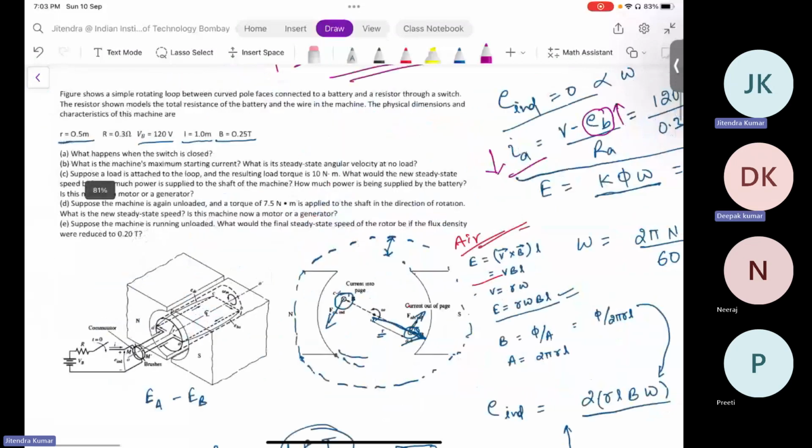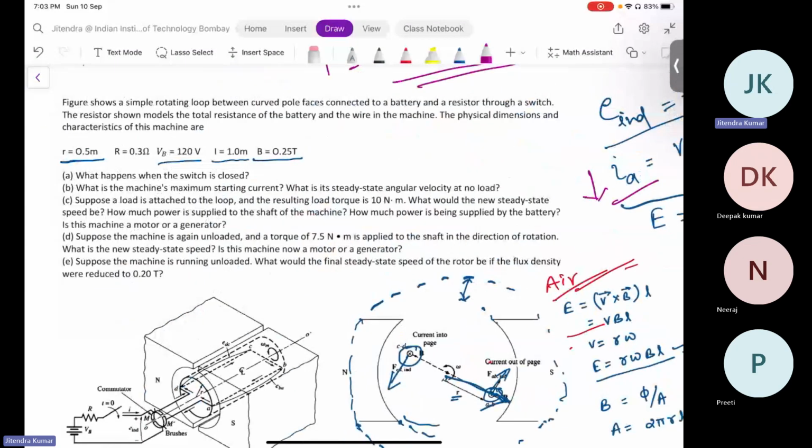I told you, whenever torque comes in the picture, you relate it with current, and whenever speed comes in the picture, you have to relate it with EMF. EMF is the strong linking thing to the speed. Whenever speed comes in the picture, you have to link it with induced EMF.